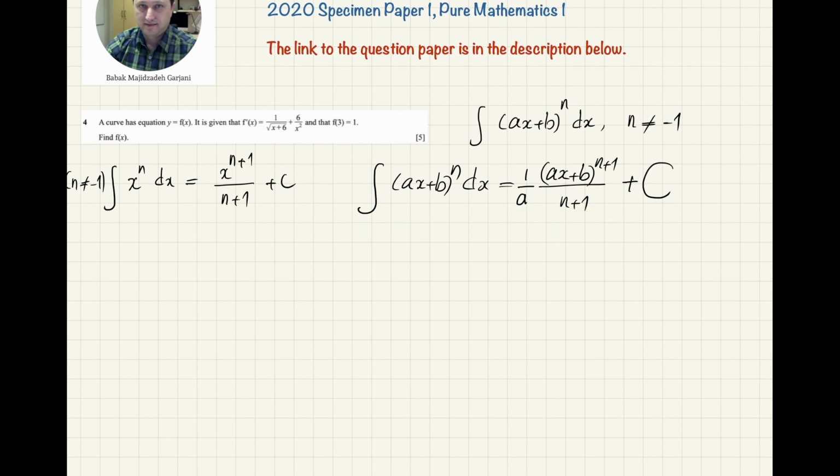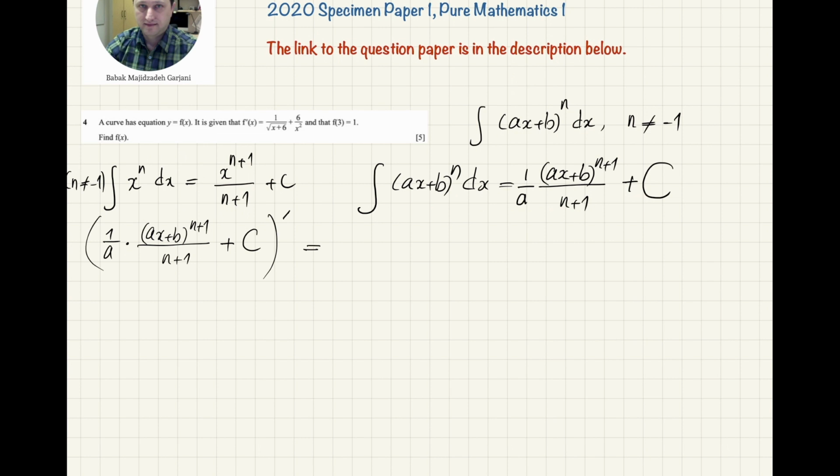One way to prove this is to take the derivative of the right-hand side and show that it becomes the integrand. So I take the derivative of what is on the right-hand side, which is 1 over a times (ax plus b) to the power of n plus 1, divided by n plus 1, plus c.